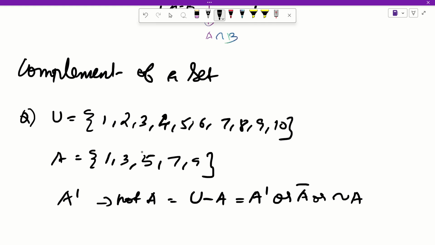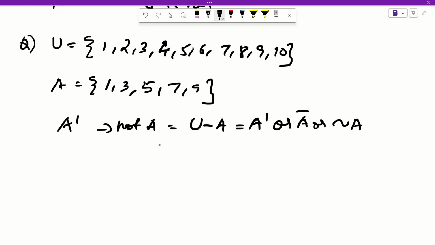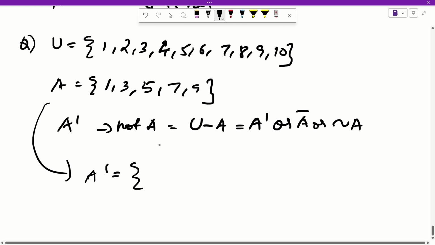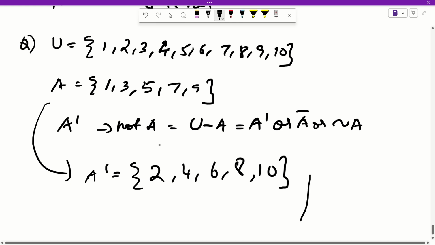In a question, they can ask in different ways. So as per this question, what's the answer? A complement will be: 1 not possible, 2 is possible, 3 not possible, 4 possible, 5 not possible, 6 possible, 7 not possible, 8 possible, 9 not possible, 10 possible. So this is that. Now let us show the Venn diagram representation of the complement of A. Let us draw the universal set.